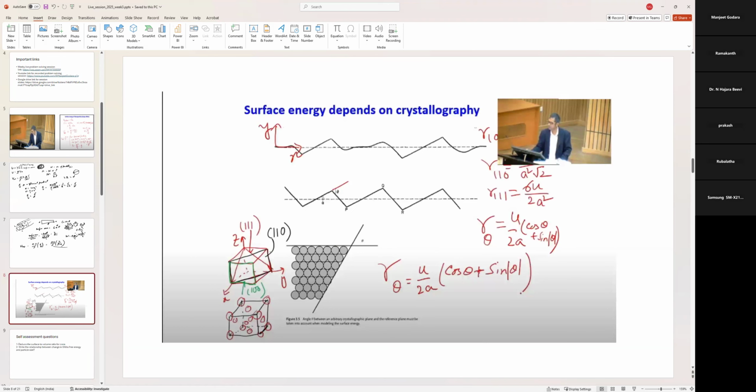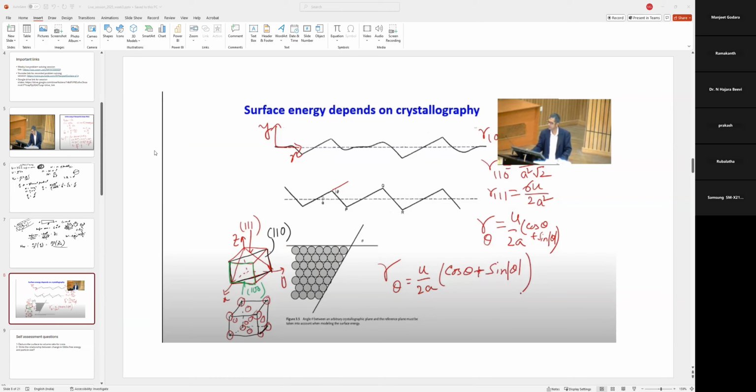Next, he covered how surface energy changes depending on the face of the crystal.